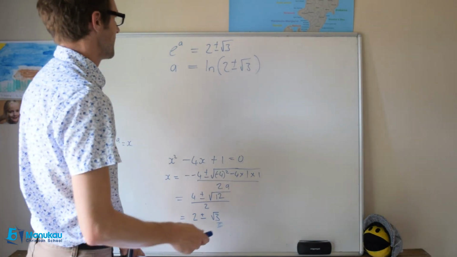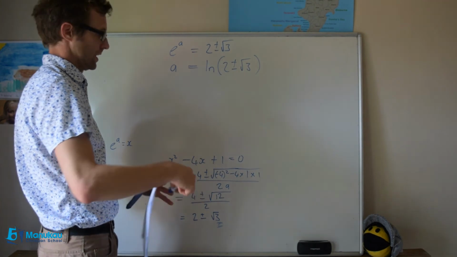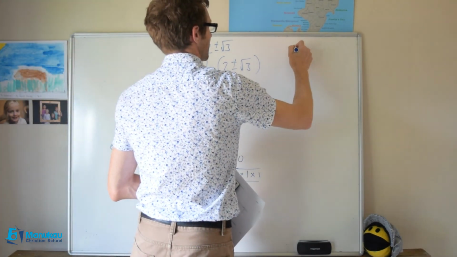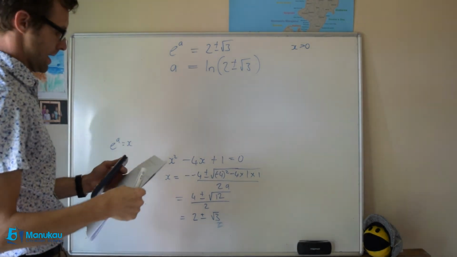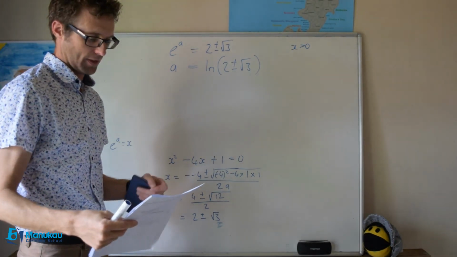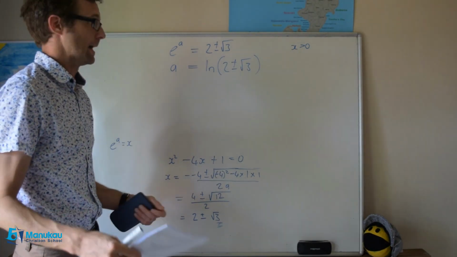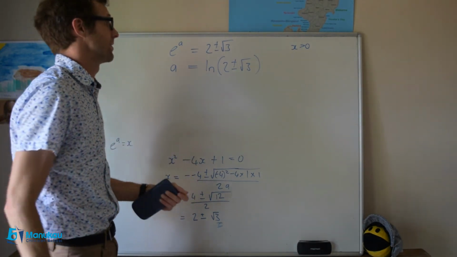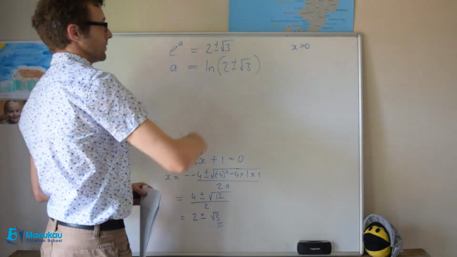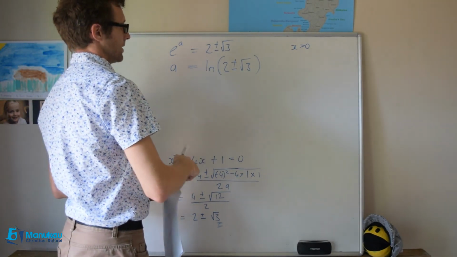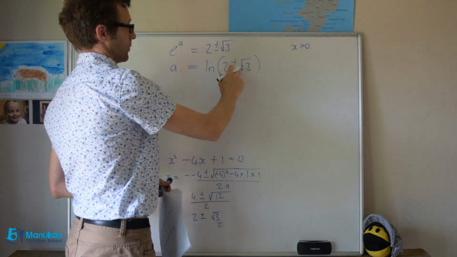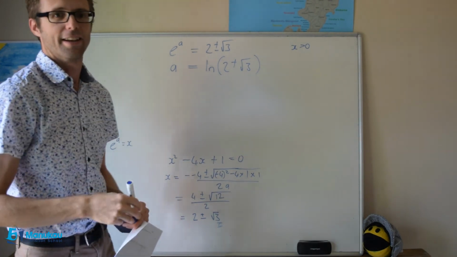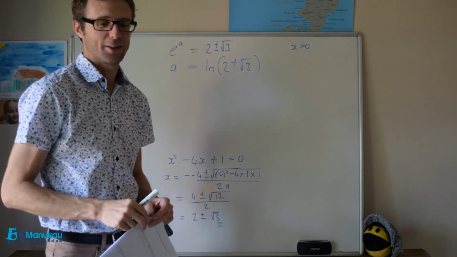And it says that this curve is for x is greater than 0. So therefore, given that a is a value of x, a must also be greater than 0. And only one of these gives you a value of greater than 0, which is ln of 2 plus the square root of 3.